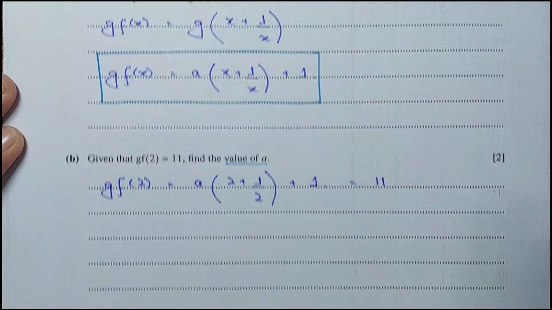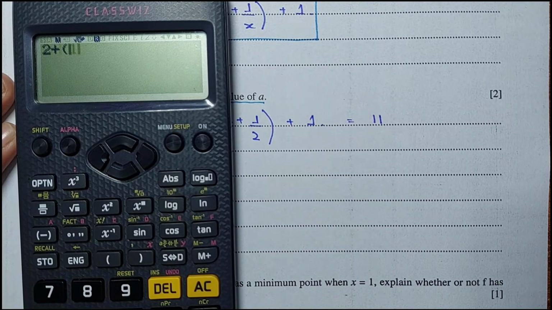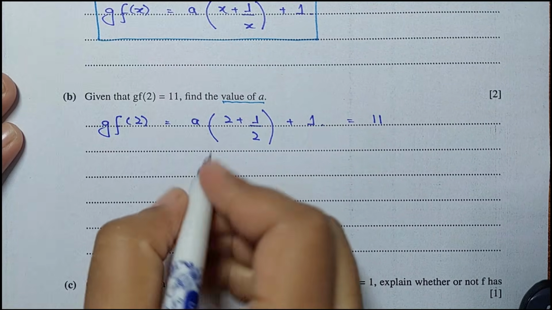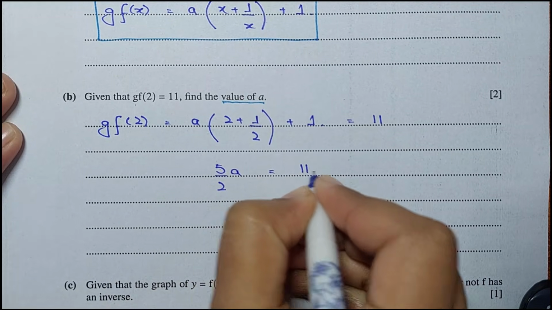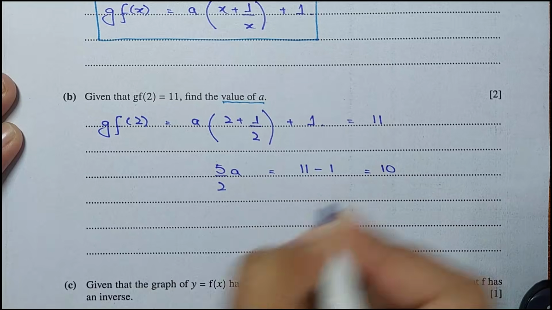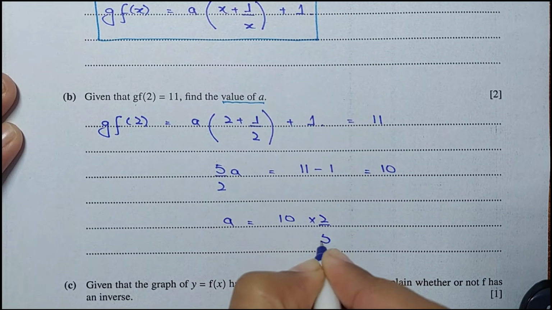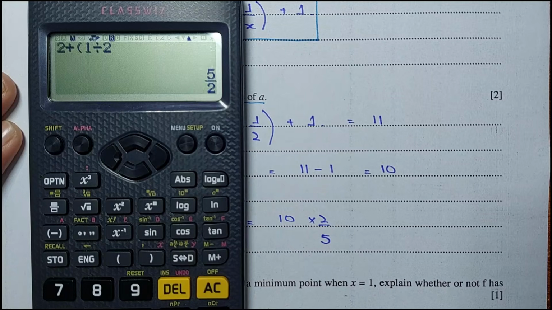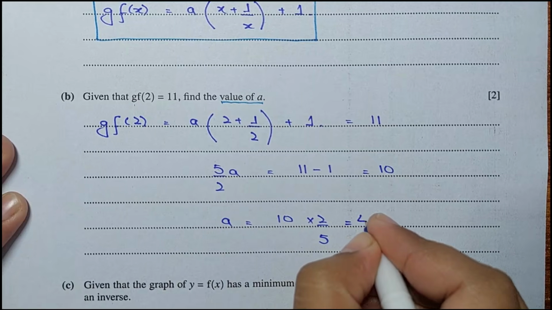We have to find the value of a. 2 plus 1 by 2 is 5 by 2. So 5 by 2 a equals 11 take away 1, which is 10. So a equals 10 times 2 divided by 5, which is 4. So here the a value is 4.